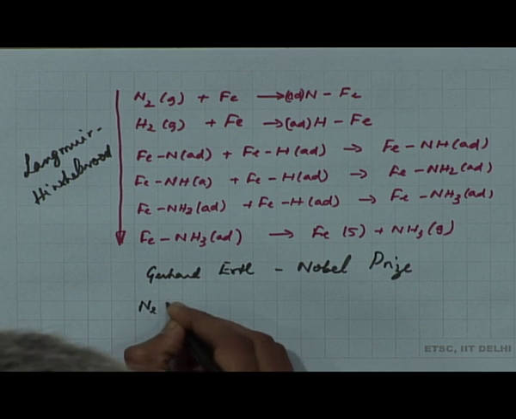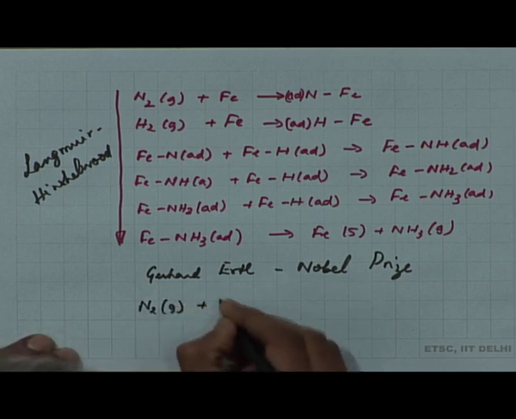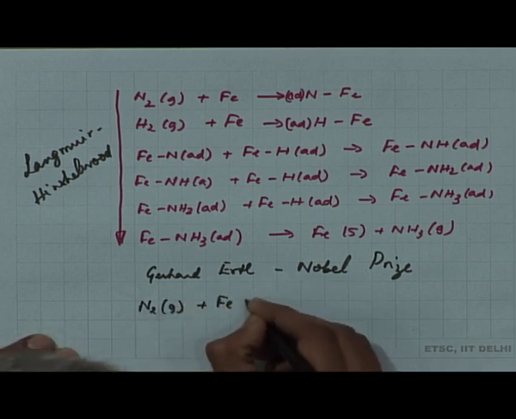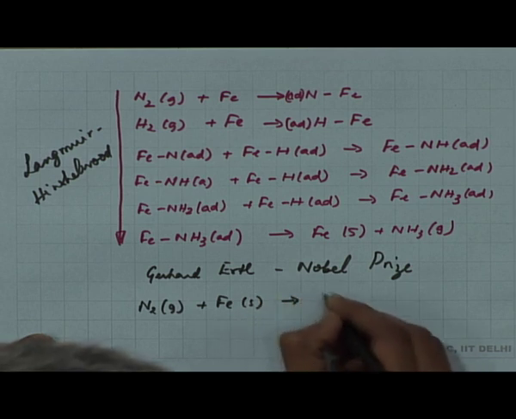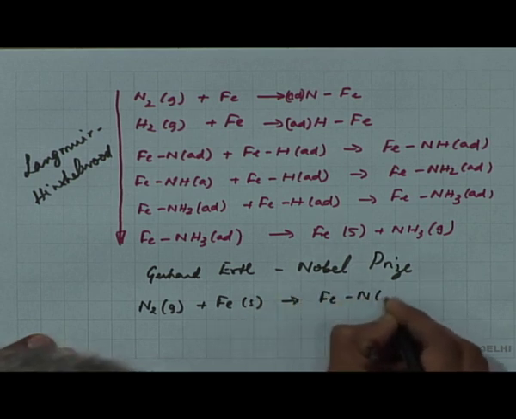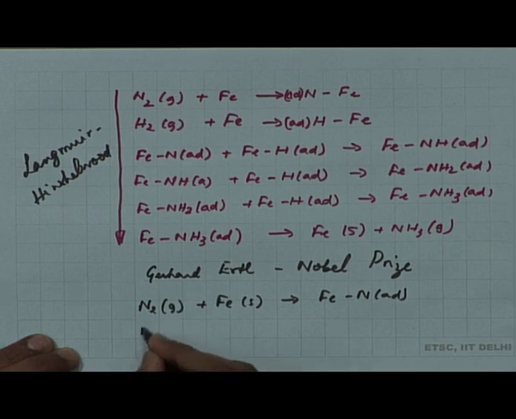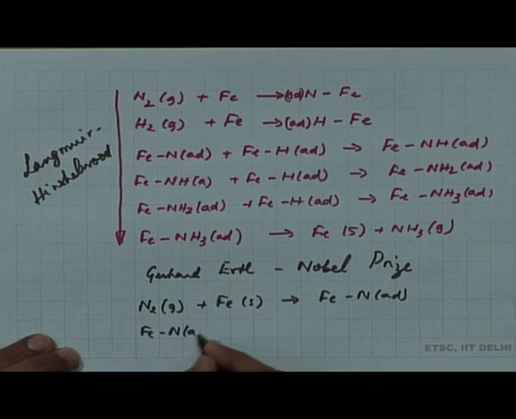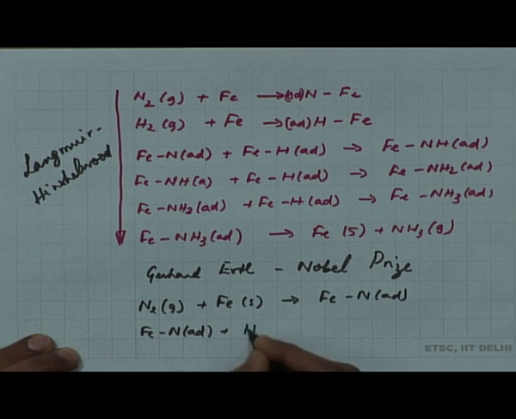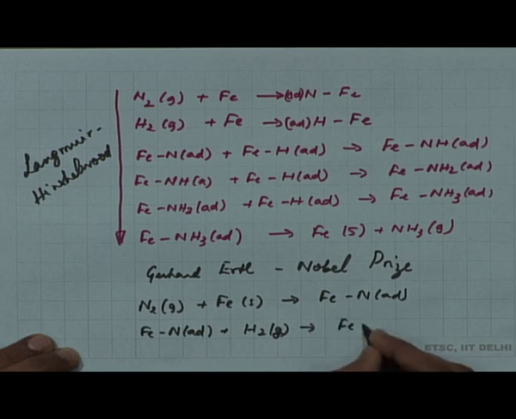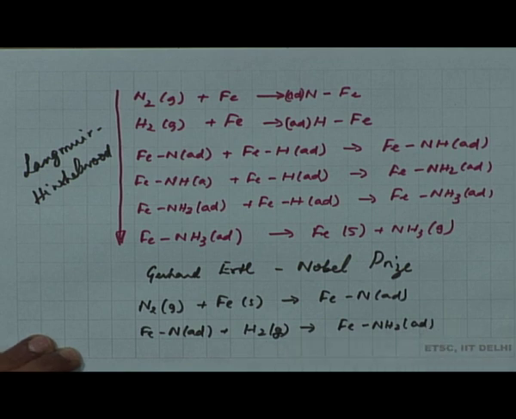You can have N2 gas plus the iron surface giving you adsorbed species, and then the adsorbed species could react with hydrogen in the gas phase to give you an adsorbed species, and then this could go on.